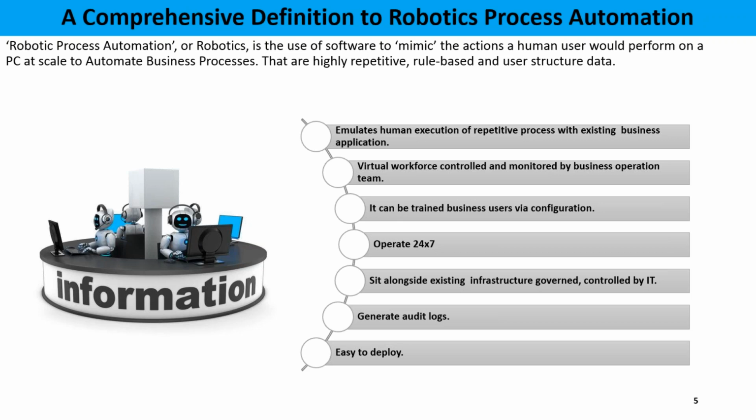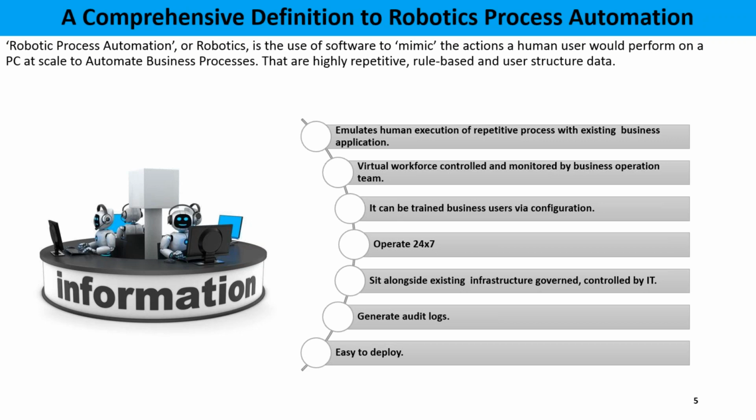If a human being is doing this each and every day, in order to replace that human being, we can write a piece of code which will do the same thing. That is what robotic process automation is called. It is a piece of code which will replace the work of a human being on a day-to-day basis.